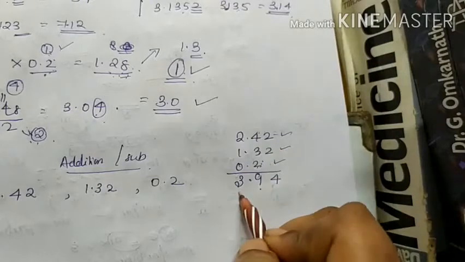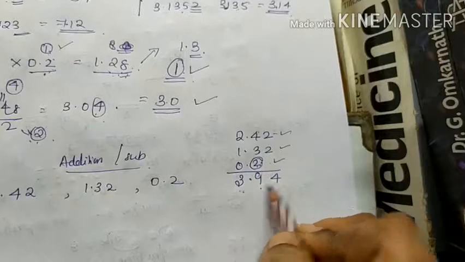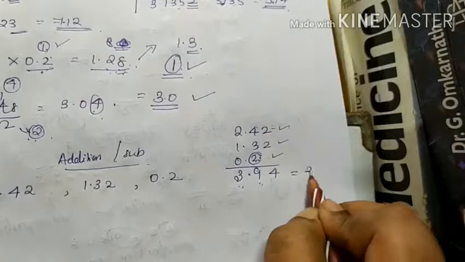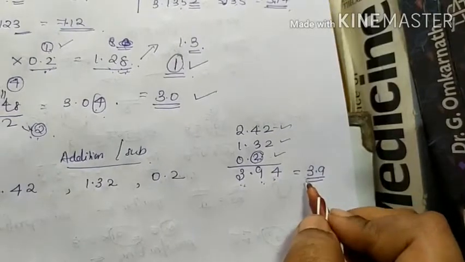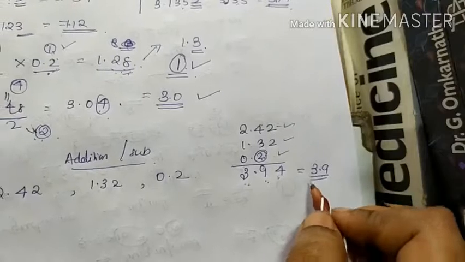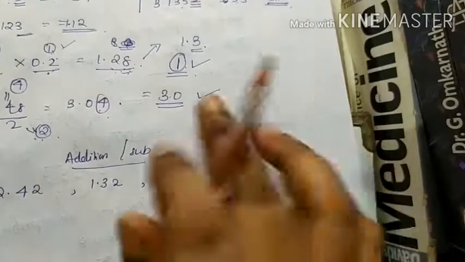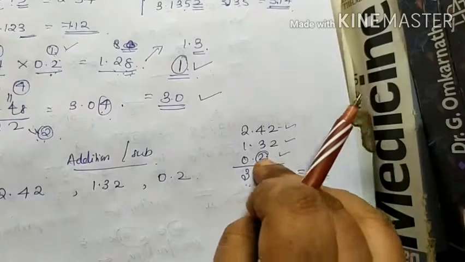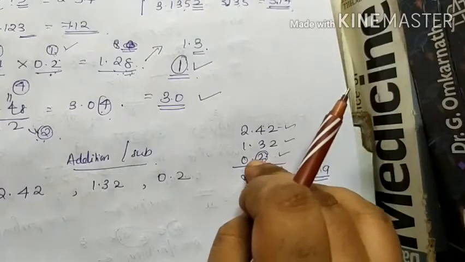So the answer should also have only this much, one digit after the decimal point. So it will be 3.9, because 4 is less than 5; leave it as it is. Clear? So always look, not for the number which has the least significant figures as in multiplication and division, but for the number which has the least significant figures after the decimal point.